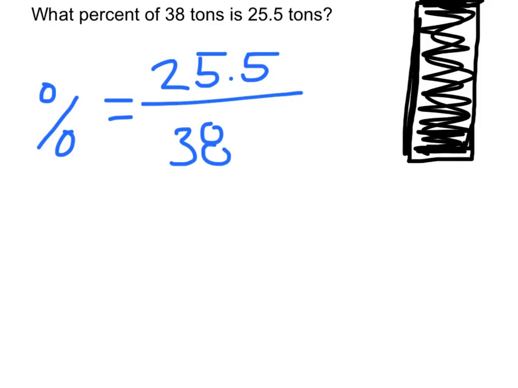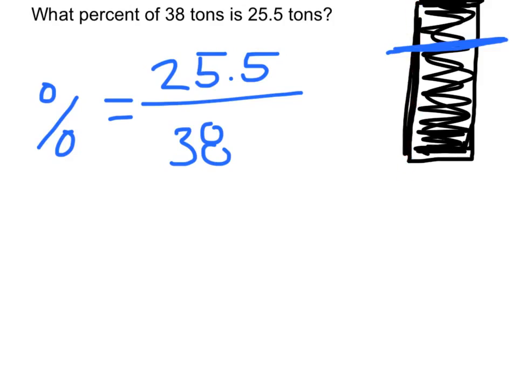Pretend this is a 38-ton stack of metal, and you only want 25.5 tons, we'll pretend that's about right here, you're asking what percent is this 25.5 of the whole 38 tons?